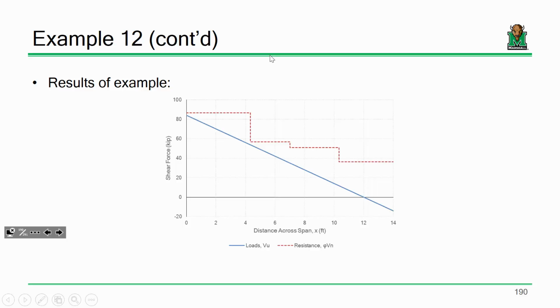We go like this, and then once we get here, our capacity drops. Why does our capacity drop? Because right here, our stirrup spacing suddenly increased. Now, there was a very particular reason why we started that 8-inch spacing right here. What if we had started the 8-inch spacing somewhere over here? Then we wouldn't have enough. We'd have an element that had experienced failure.